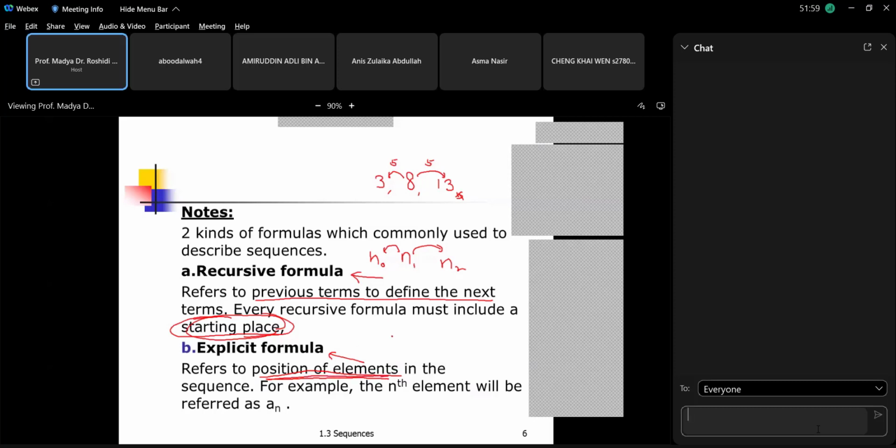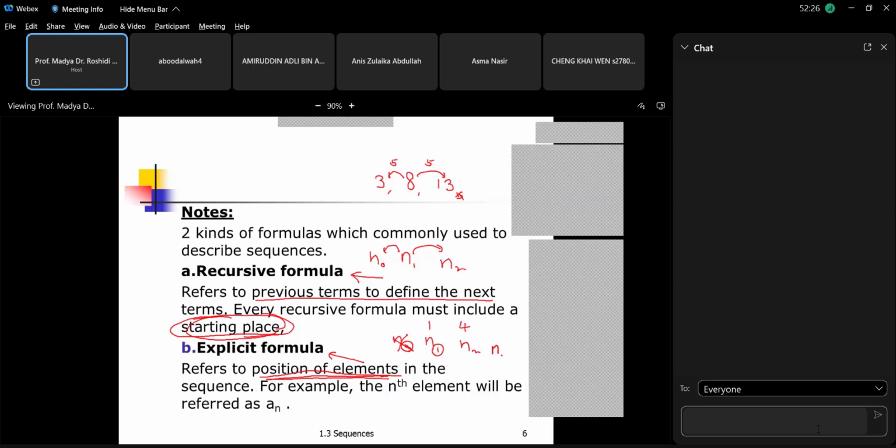For example, we know at N0, what is the value? At N1, what is the value? Then the value for N1 must have a relationship with this location, meaning location number 0, N0, N1, and so on. For example, previously, the location for N1 is 1. The location for N2, 4.